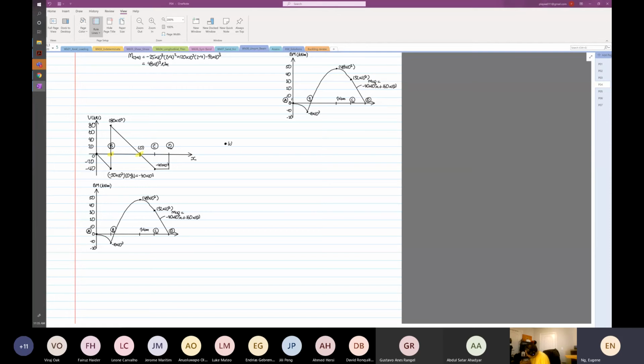When shear force is equal to 0, there is a possibility that bending moment is maximum.